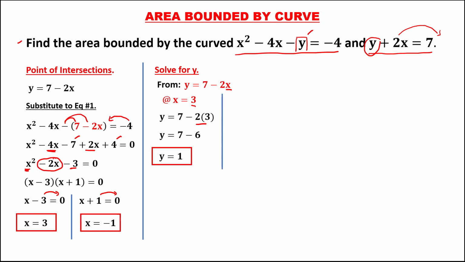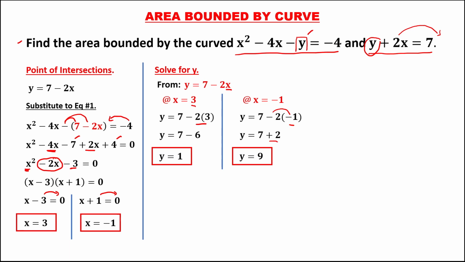Then for x equals negative 1, we have y equals 7 minus 2 times negative 1. And y equals 7, then negative 2 times negative 1, that's positive 2. So therefore, y equals positive 9.